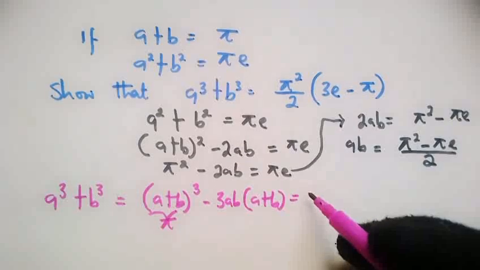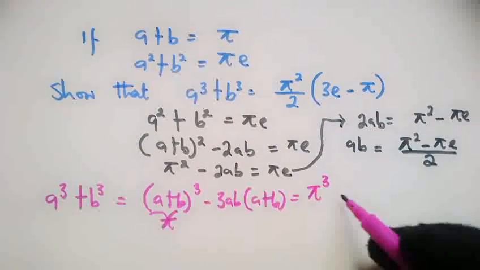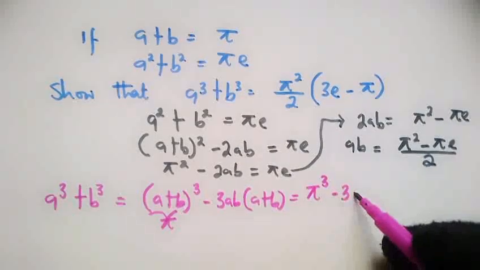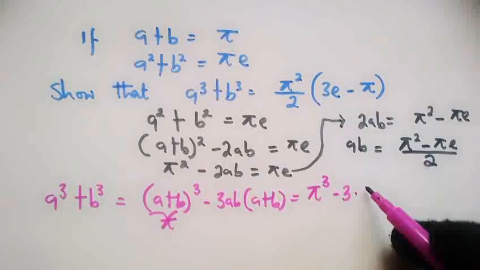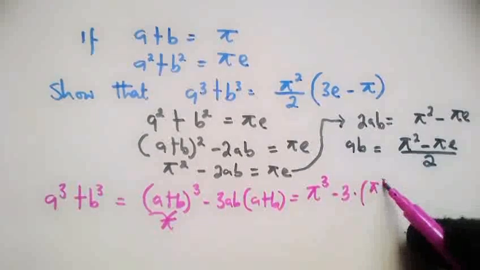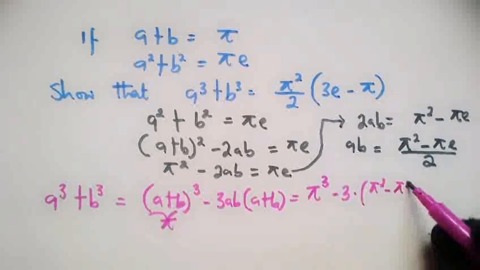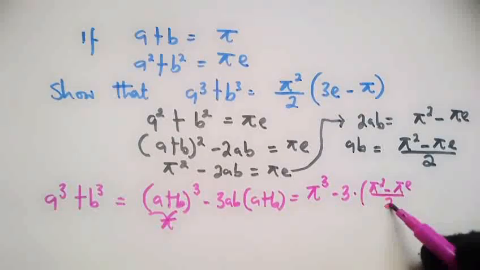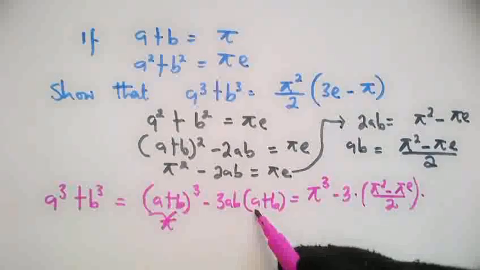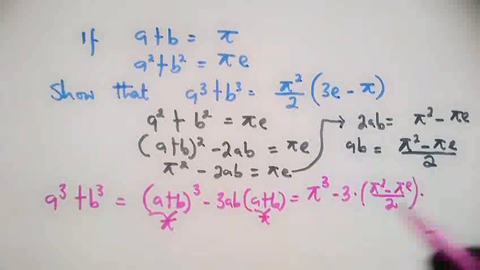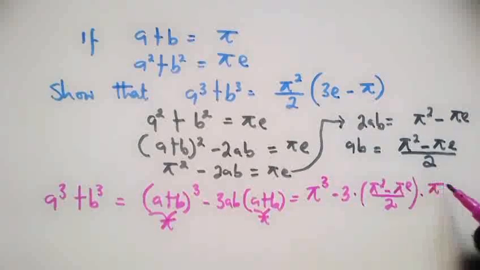So we have pi raised to the power 3 minus 3 times ab, that is pi squared minus pi a all over 2, times a plus b, which is pi.